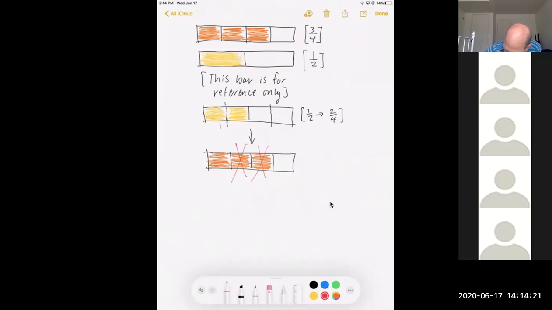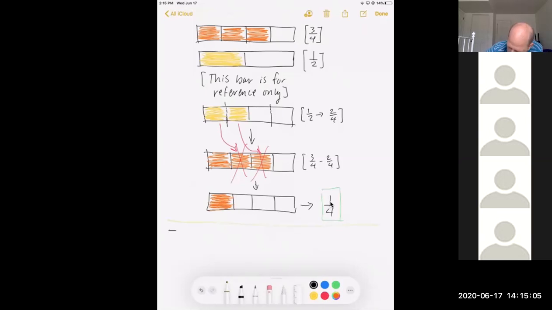Let me go a little bit more precise here. And 3/4 minus my 2/4. And when it's all said and done, I have 1/4 left over. And so those pieces are crossed out. Okay. So hopefully this is good for you guys.